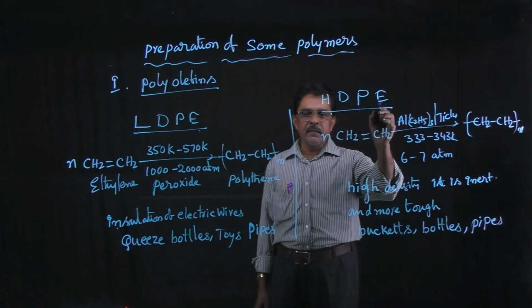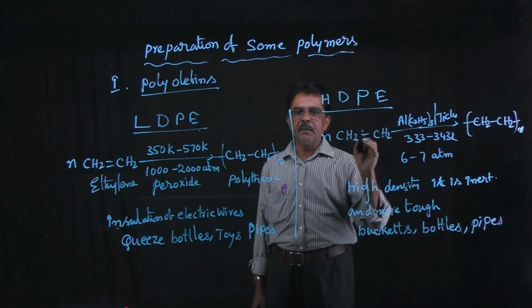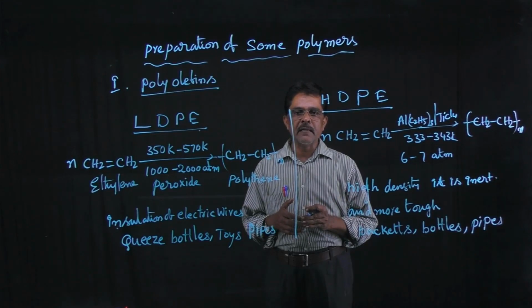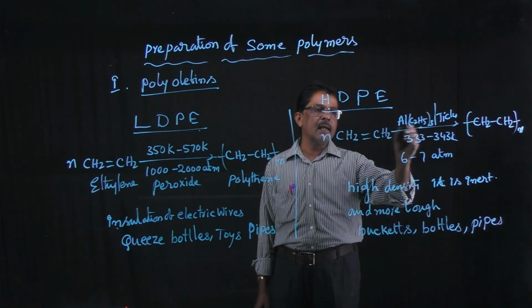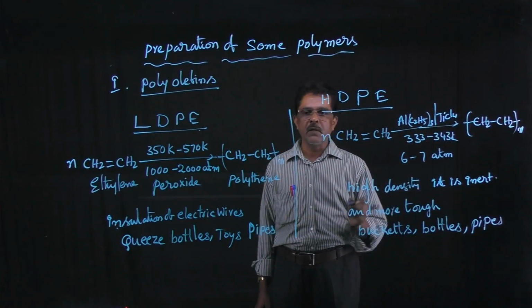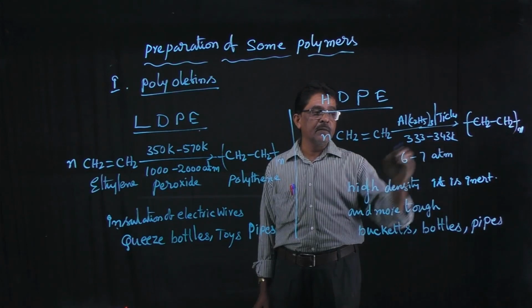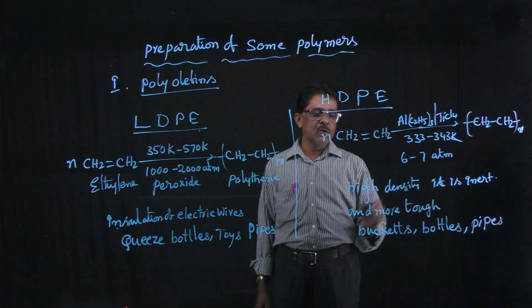Let us take discussion about the high density polythene. This high density polythene, when ethylene gas is heated in the presence of catalyst Ziegler-Natta catalyst. Ziegler-Natta catalyst is trialkyl aluminum and titanium tetrachloride. It is heated at 333 to 343 kelvins of temperature and 6 to 7 atmospheric pressure.